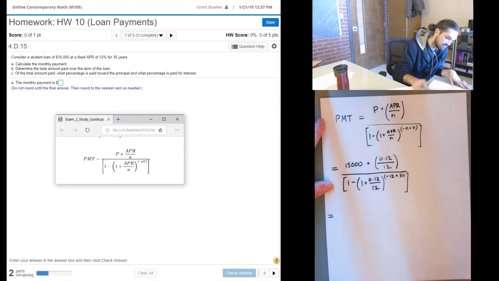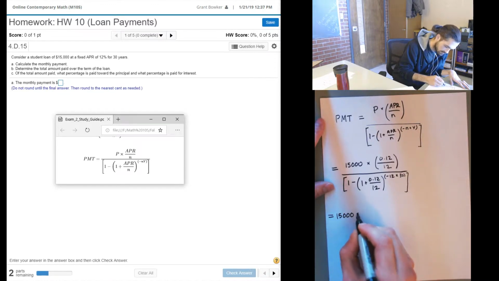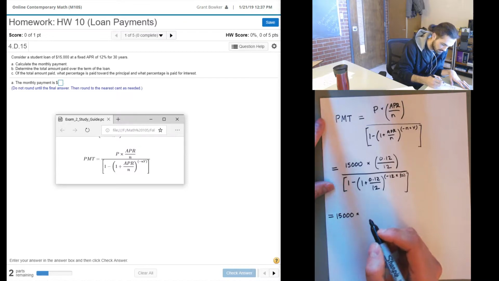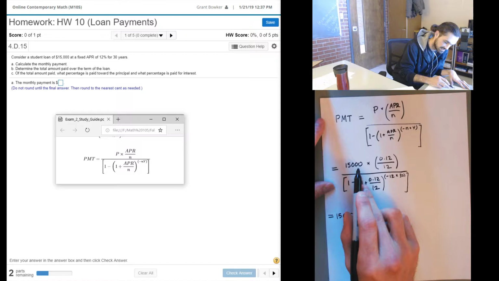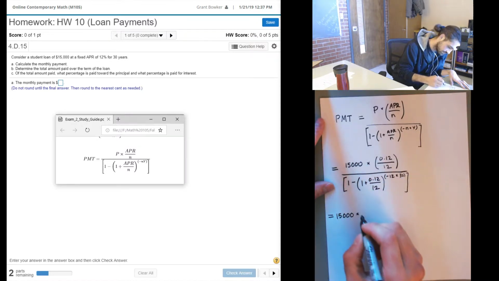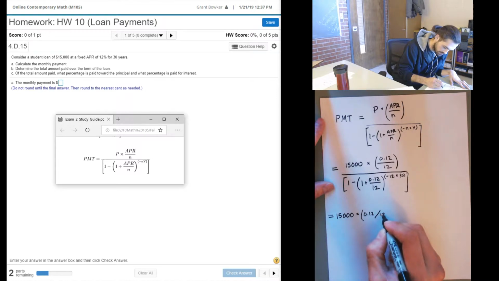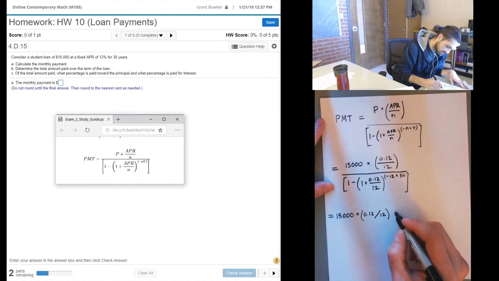So in standard calculator notation, this is going to look like 15,000 times, let's go ahead and use the parentheses just so you can see how this unravels. Left parenthesis 0.12 divided by 12. That takes care of our numerator, and then we have to divide by our denominator.